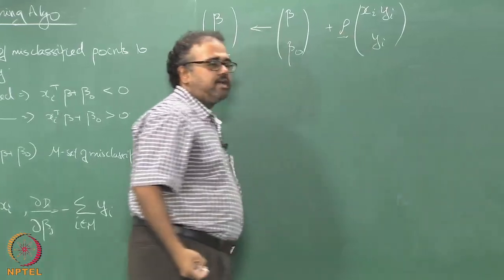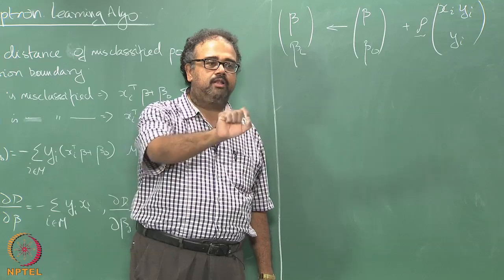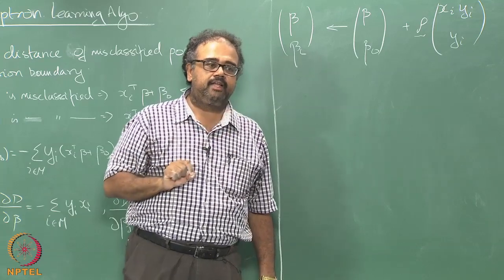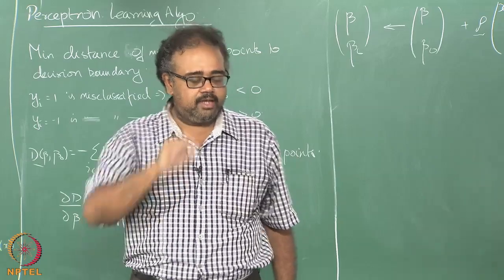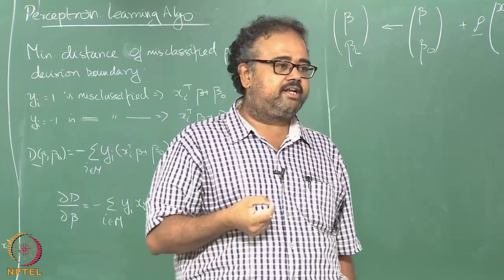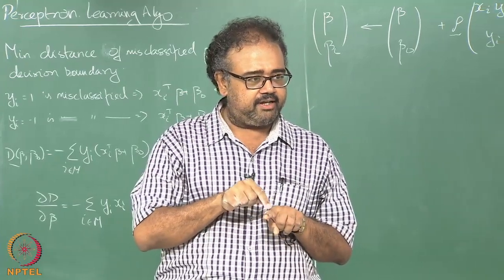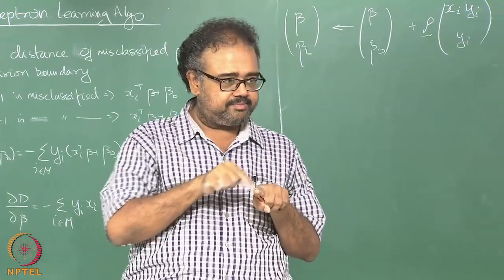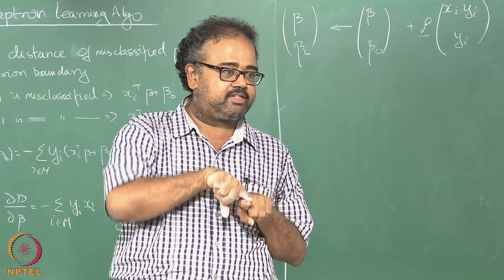So rho has to be really small if you are operating in a very stochastic environment. In effect, when you are doing stochastic gradient descent, you are making many different estimates of the gradient in a local region, and you are trying to move in the expected direction, the average direction of the gradient.